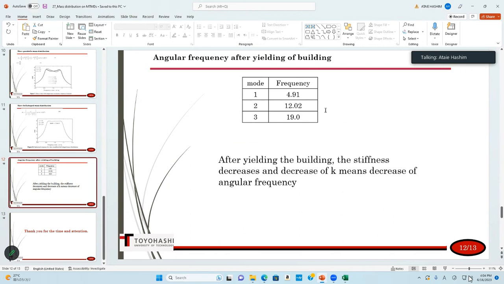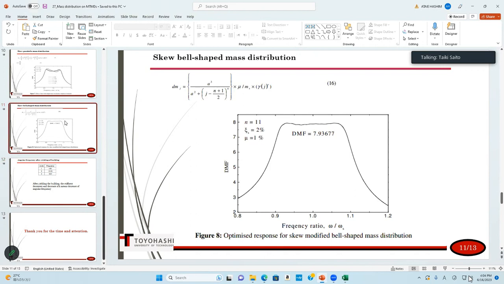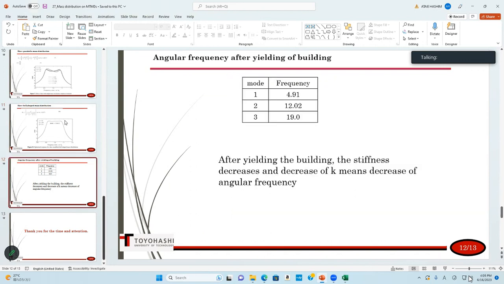And that's also true. So you think putting many TMDs is effective even if the main structure enters the nonlinear range? No, not increasing the number, but one or two other TMDs whose frequencies are smaller than the first mode of the structure, because they help the building after yielding, since after yielding the stiffness of the building decreases. When the stiffness of the building decreases, it means that the frequency also decreases.